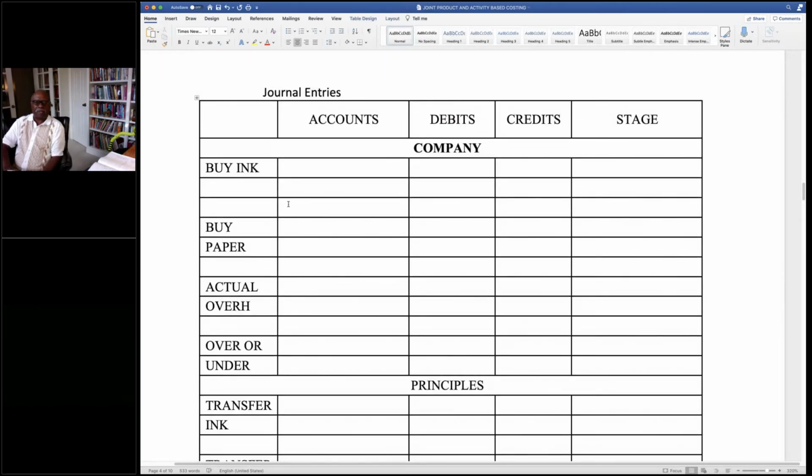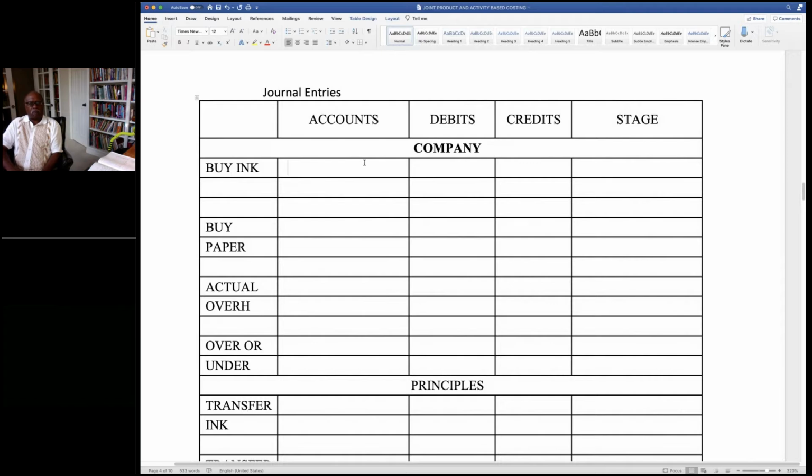So for the first one, the transaction of buying ink for the whole company would be, okay, so the company purchased 110,000 units of ink, and it costs $20 each for ink.